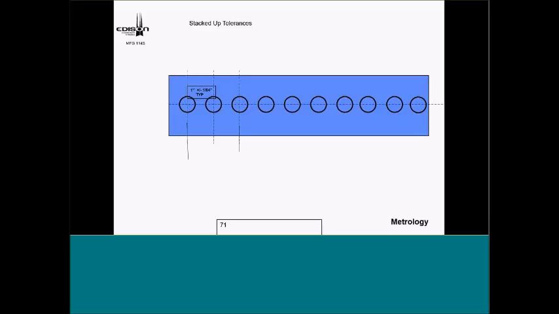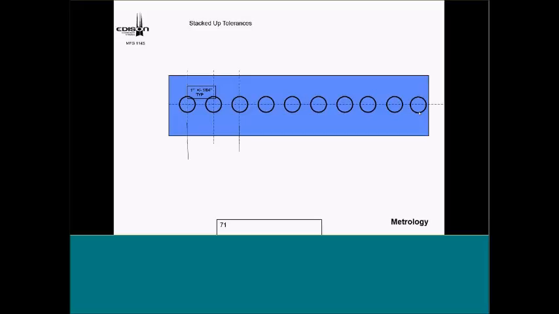So each separation between center line and center line, I could have that 1/64th tolerance. If I say everything's plus a 64th, by the time we get all the way out here, we're looking at 1, 2, 3, 4, 5, 6, 7, 8, 9 64ths that this hole could be off from where it's supposed to be.